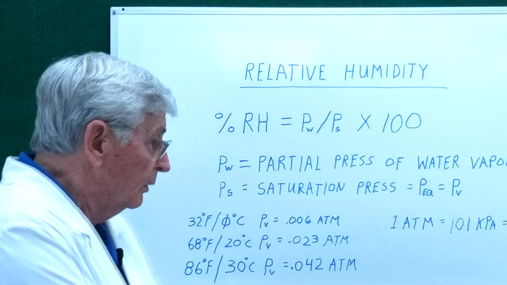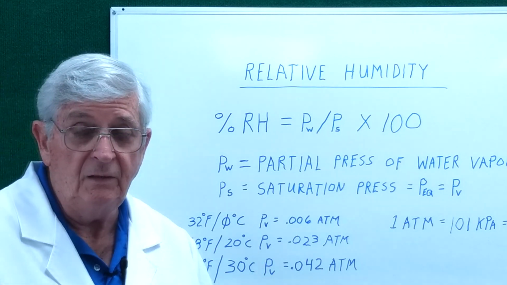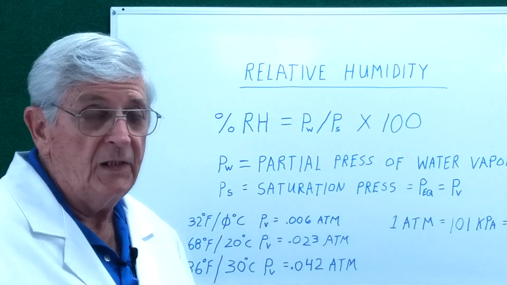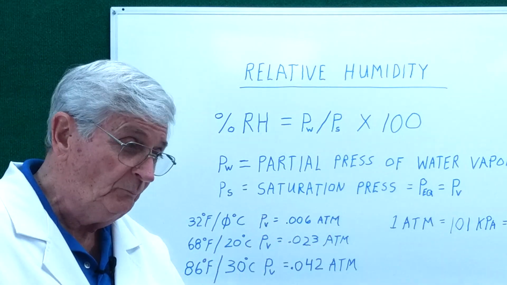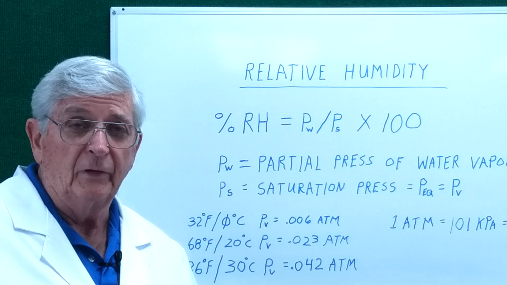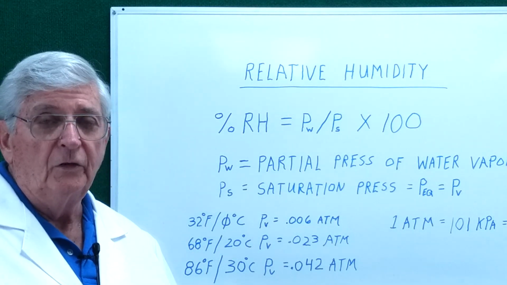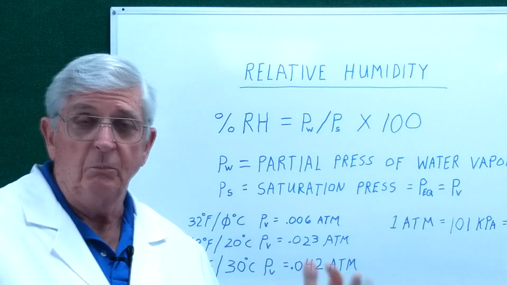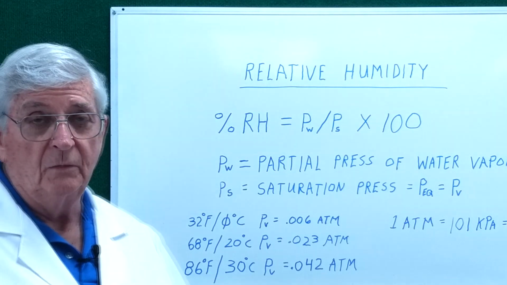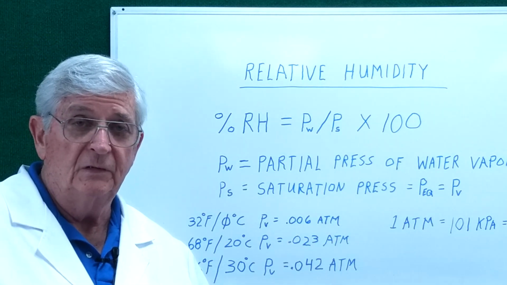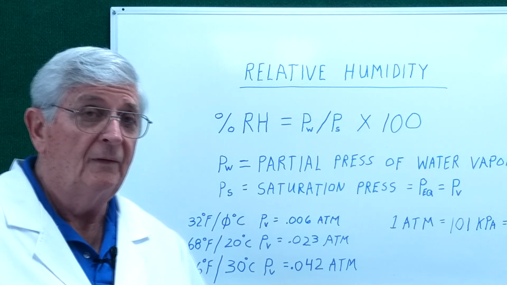Now, if we were up here at this high temperature and high humidity and turned on the air conditioning and lowered the temperature, you'll often hear it said that the atmosphere could no longer hold that much moisture. And the temperature at which the moisture condenses out of the air is called the dewpoint temperature.